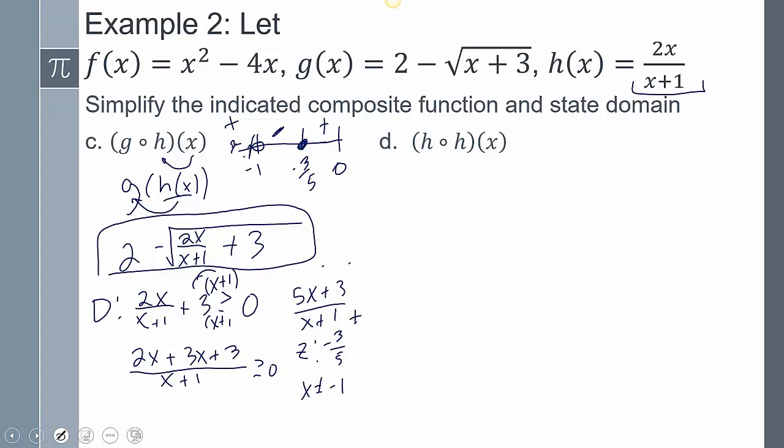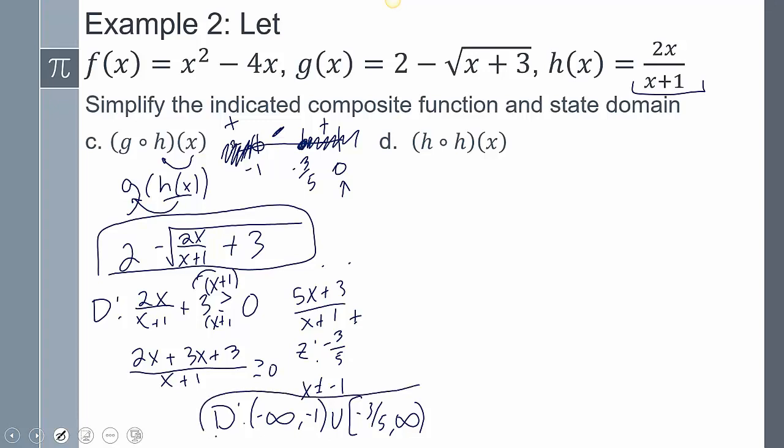So my region that I'm looking for is this region and this region. So my domain is going to be from negative infinity to negative 1, union, and then from negative 3/5 all the way to positive infinity. Now just remember that 0 was just a marker because I was trying to show you that 0 is on that side of negative 3/5. And so there's my domain.